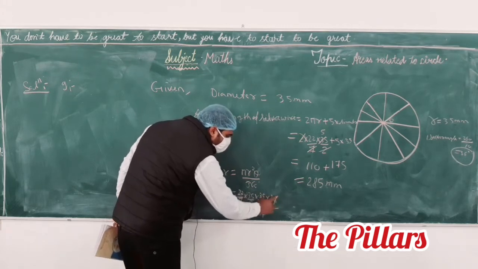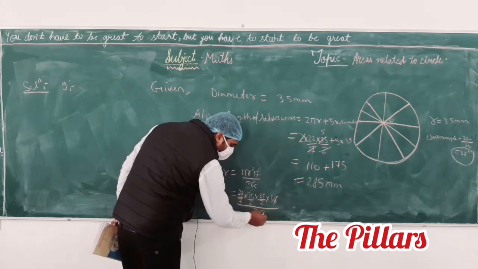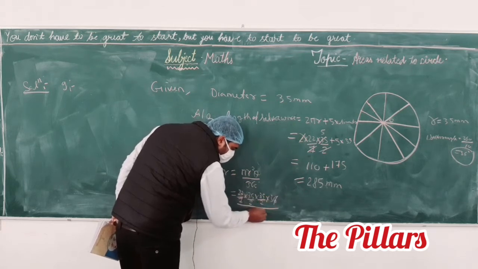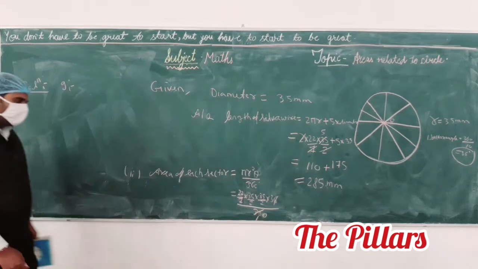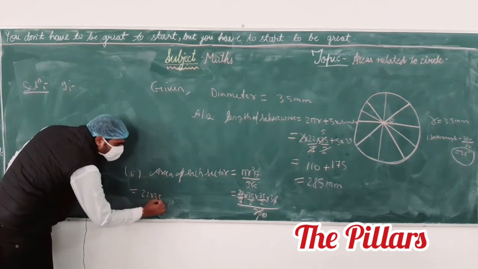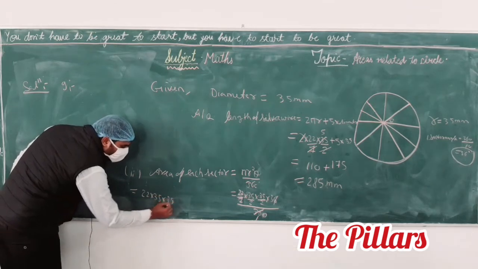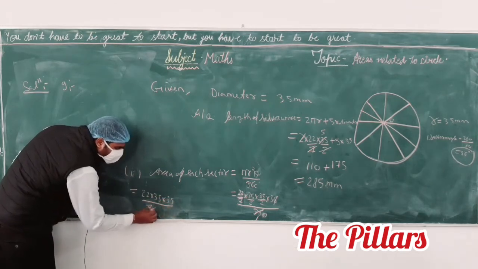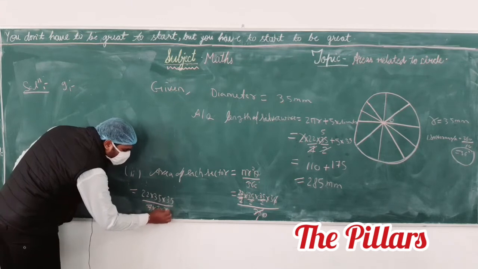The zeros cancel out. 36 and 36 cancel, and the remaining value is 10 here. It means this will be equal to 22 into 35 into 35 divided by 7 into 2 into 2 into 10.